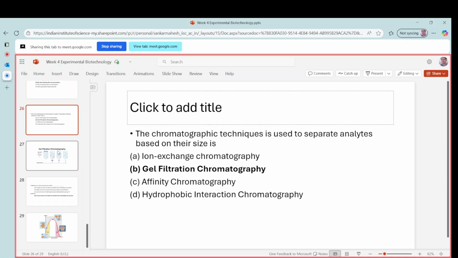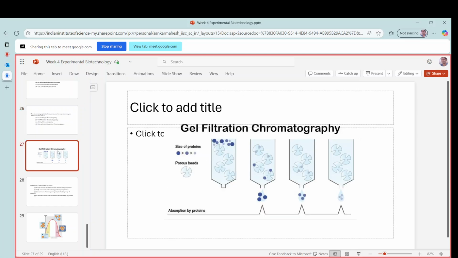So I was telling you about how these proteins go into beads and then they get separated. We also discussed this when we talked about dead volume. So this is gel filtration chromatography, also called size exclusion chromatography.